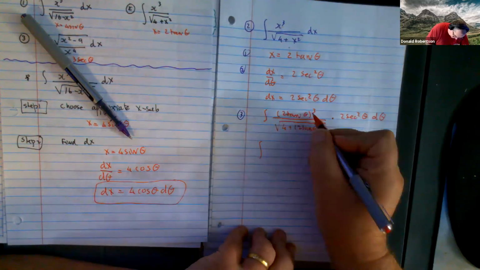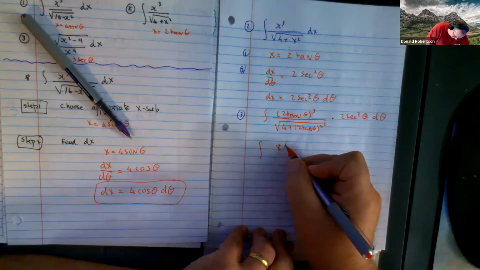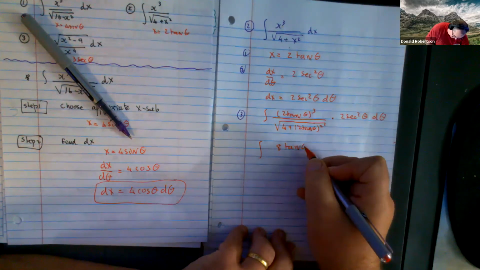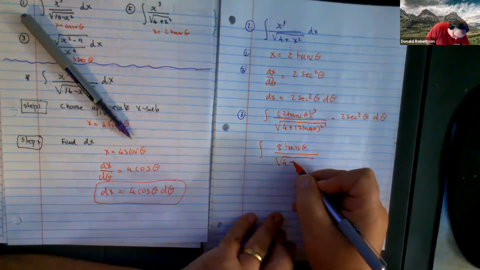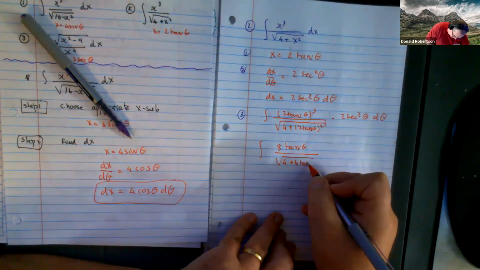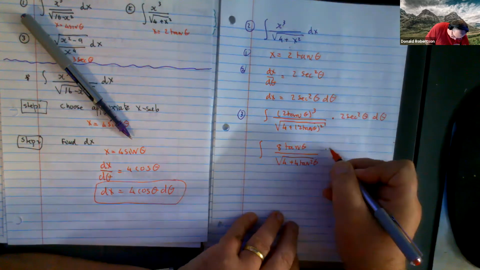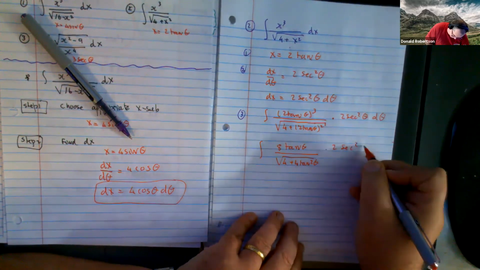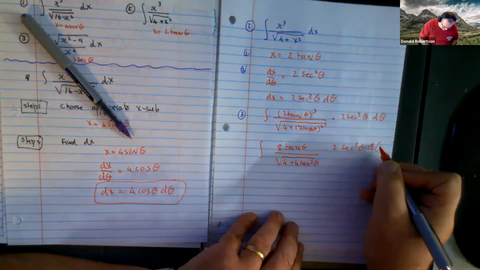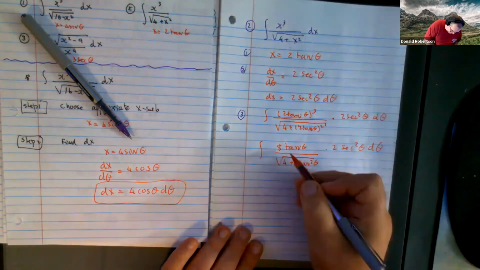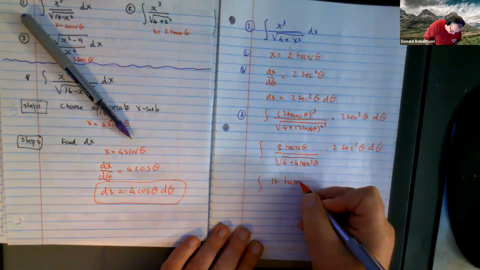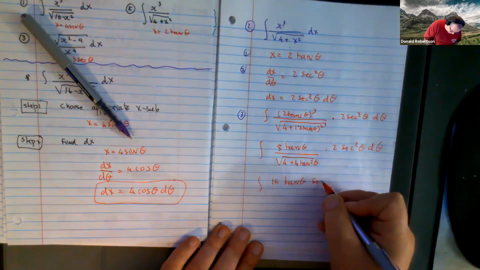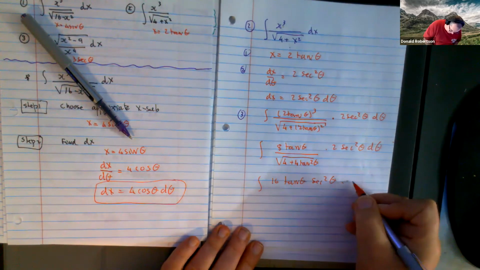That guy is 8 tan thetas. This guy in the square root is 4 plus 4 tan squared thetas. And this guy is 2 secant squared thetas. The 2 and the 8 get me 16. So I have 2 tan of these secant squared thetas, d thetas.